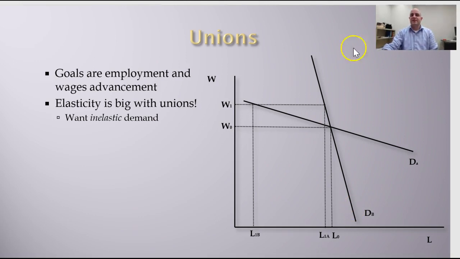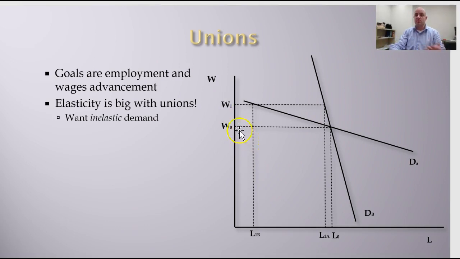Let's say these are two different groups that unions are representing. Starting out, they're both getting W0. For both, the unions are able to negotiate a wage up to W1.